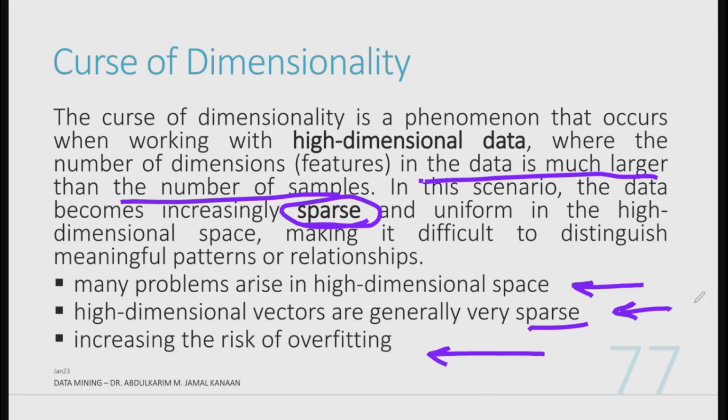It also increases the risk of overfitting, since you probably have complex data with fewer samples. With a high number of dimensions and fewer samples or records, it is very difficult for the algorithm to extract patterns. Okay, is it clear?